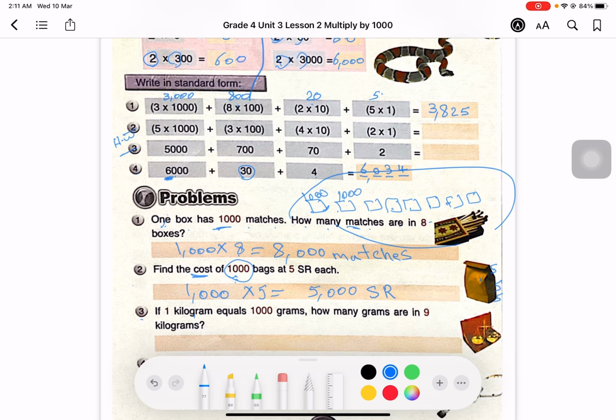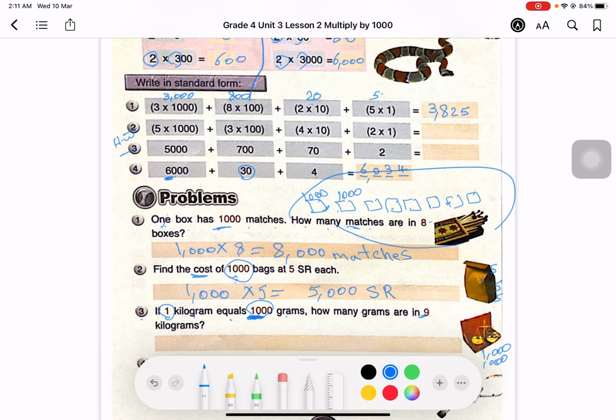If 1 kilogram equal 1,000 gram, in the unit we took that 1 kilo, how many grams inside? 1,000. How many grams are in 9 kilo? If I have 1 kilo, it is 1,000. If I have another kilo, it is another 1,000. So each time you are repeating 1,000. How many times you are going to repeat 1,000?